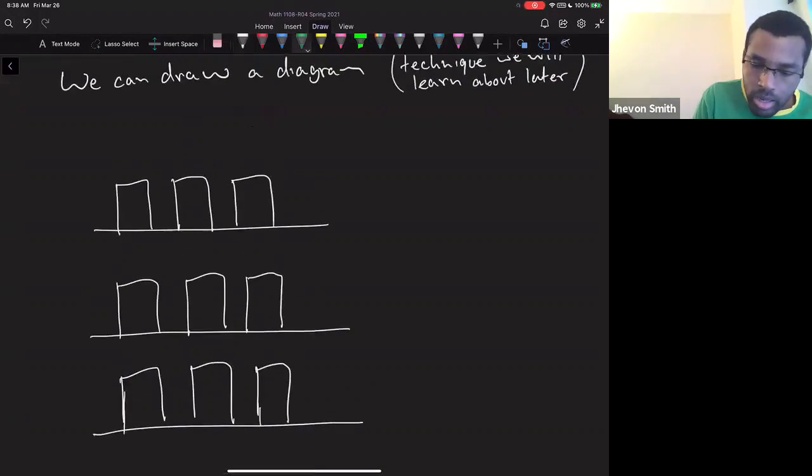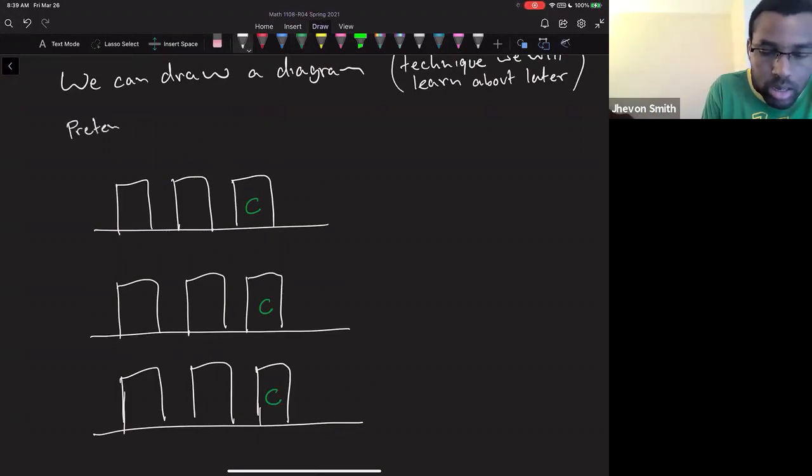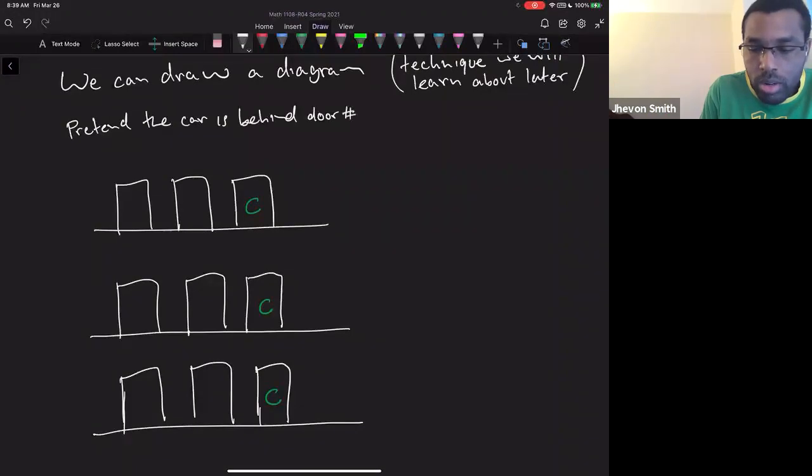And here is the car. Let's pretend the car is behind door number 3. Of course, we don't know that, right? So pretend the car is behind door number 3.